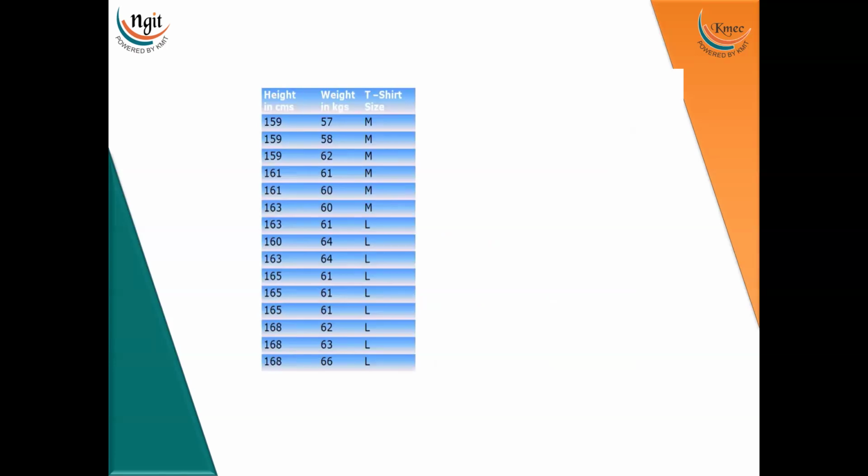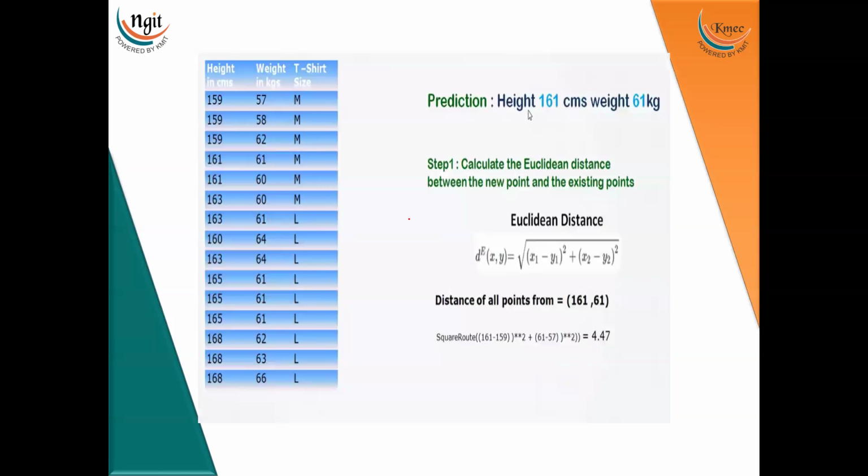So here is one example. Just pause for a minute and make a note of the given data set. Then you have to predict for a particular person having height 161 centimeters and weight 61 kgs. Tell me, you can choose k equal to 3 or k equal to 5, and which size it will fit, either medium size or large size.